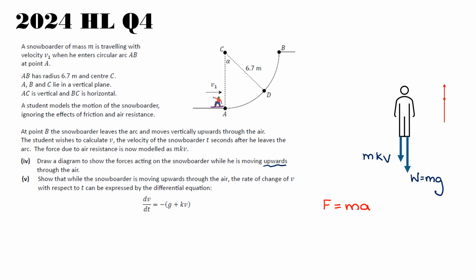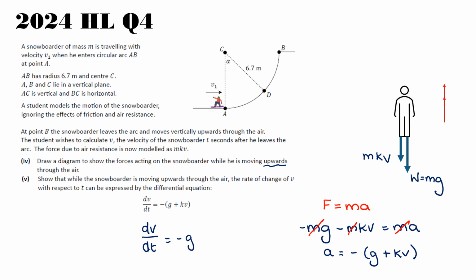So there's nothing pushing us in that movement direction, meaning we have a minus weight and a minus air resistance, and that is equal to ma. The mass can be divided across, and we're left with acceleration is equal to minus, I can pull that out in front, (g plus kv). And then the only thing we've left to do is replace our acceleration with the rate of change of velocity. So that gives us dv/dt, which is another way to say a, is minus (g plus kv).